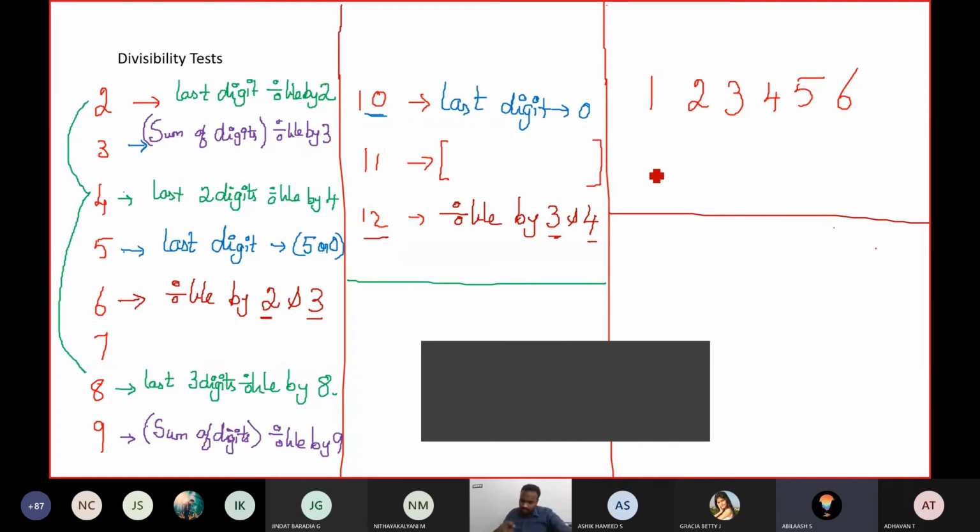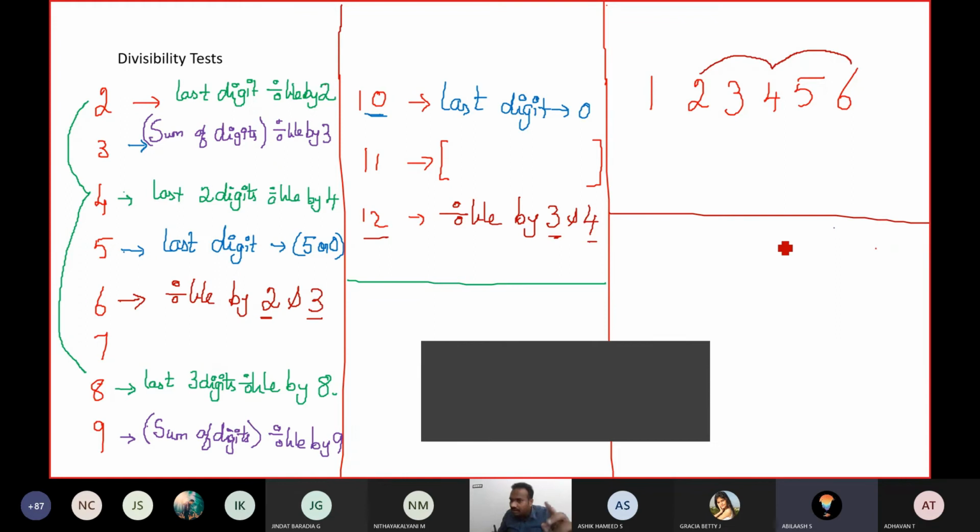Come on, people, fast. How will you check whether the given number is divisible by 11 or not? Sum of the alternate numbers must be subtracted. Very good, excellent.